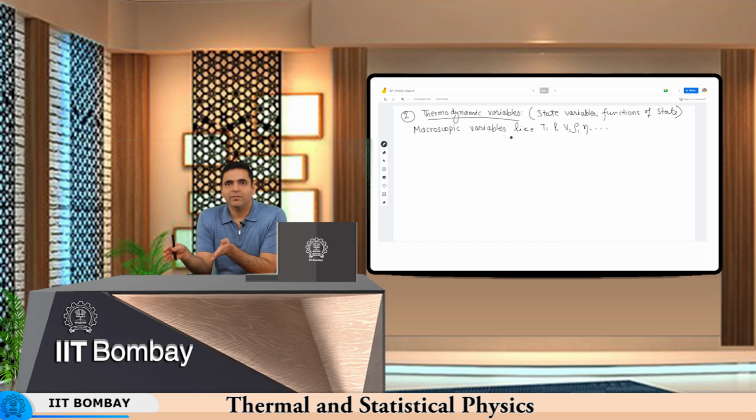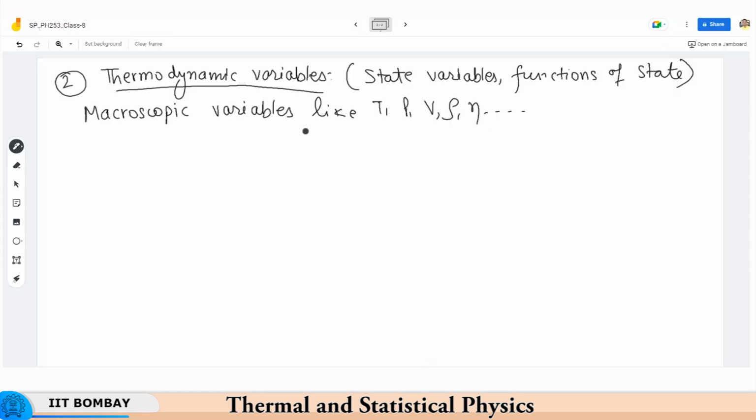If you give me two systems which have the same pressure and the same temperature, I do not really care what kind of underlying microscopic dynamics is going on. Since we went through kinetic theory, we can imagine how chaotic the dynamics is at the microscopic scale. But I am only interested in these thermodynamic variables like temperature, pressure, density, and so on.